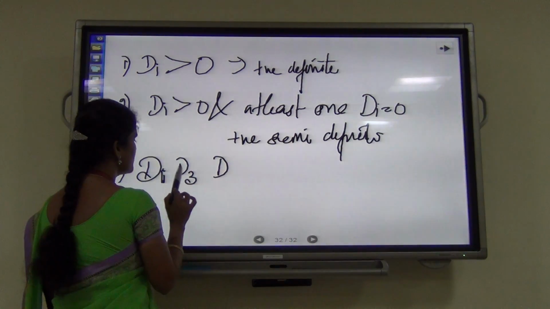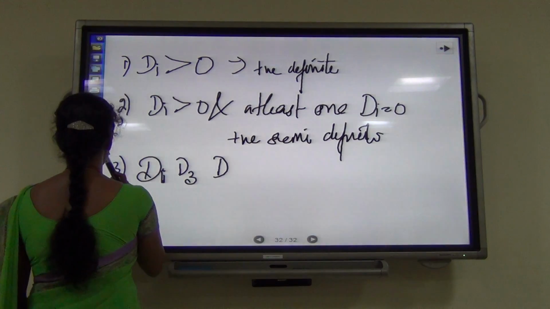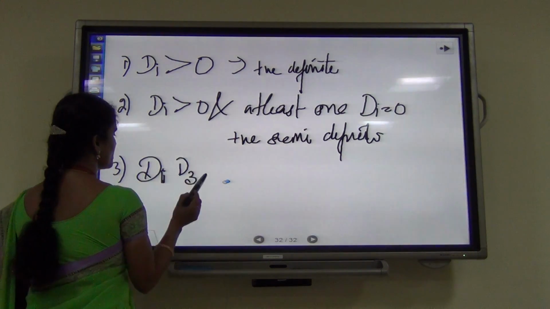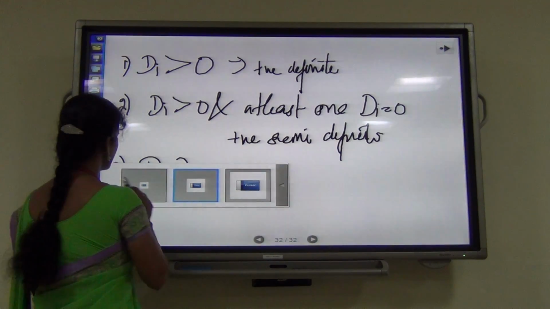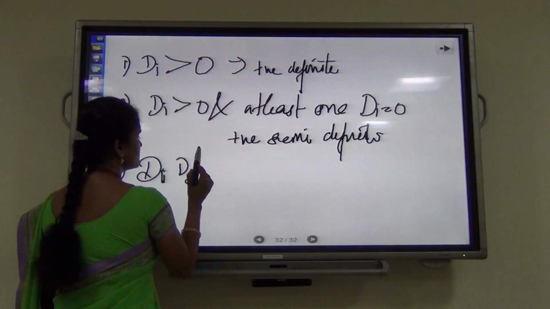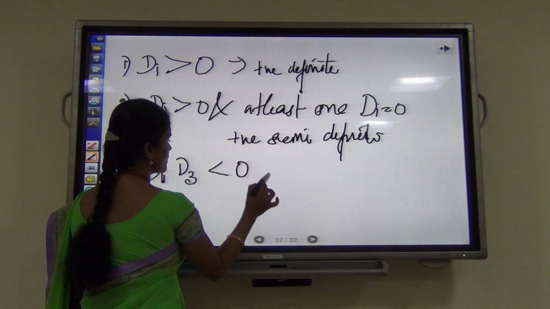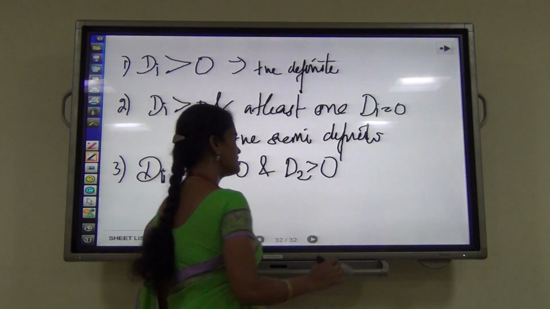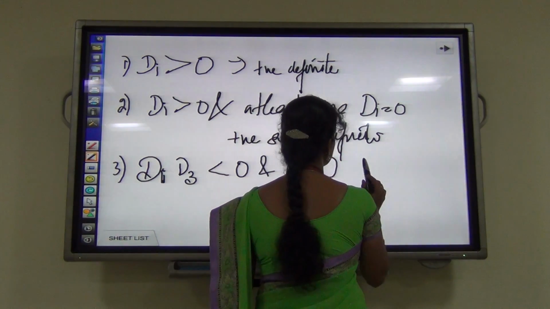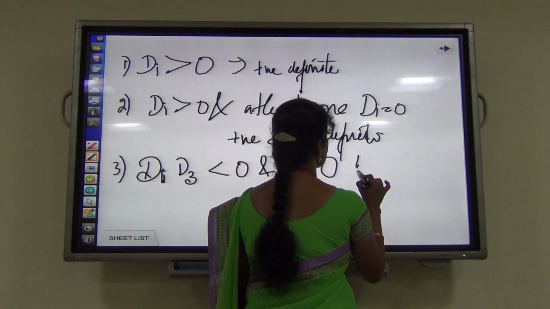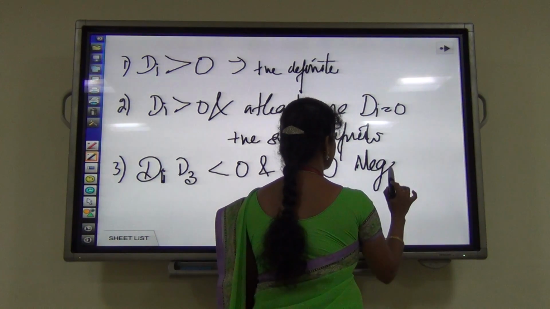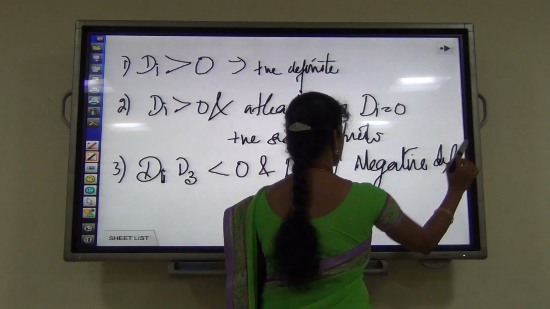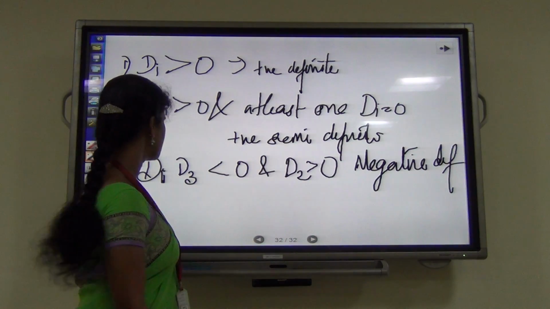So if D1, D3 are less than 0 and D2 is greater than 0, then this possibility gives the nature of the quadratic form as negative definite.